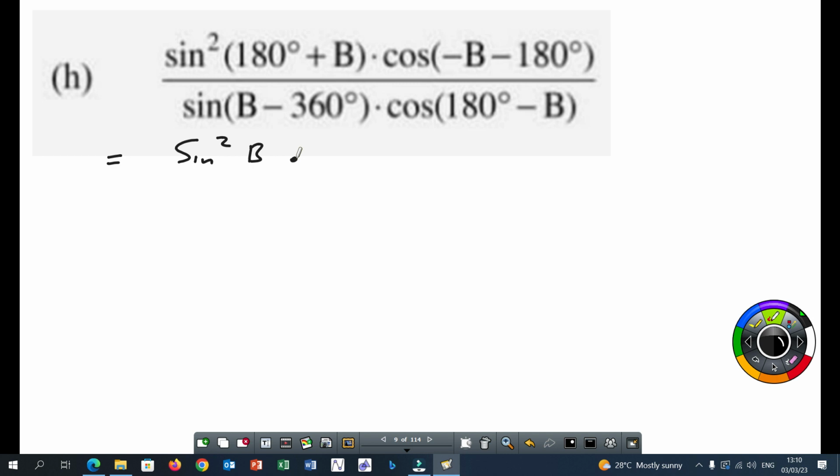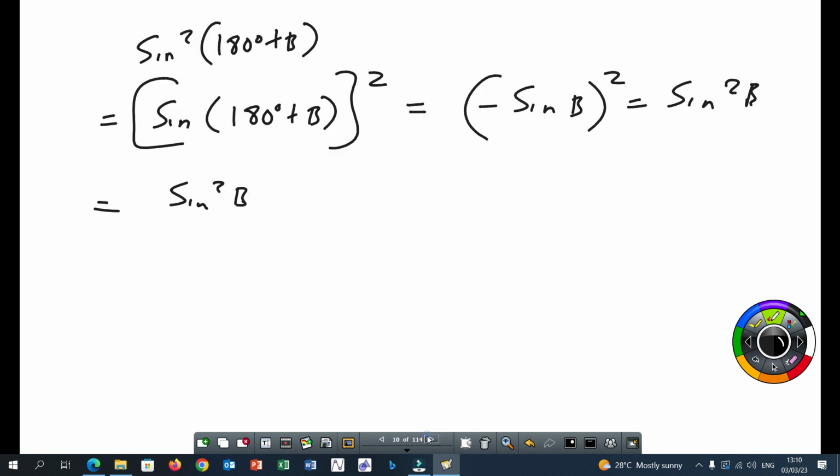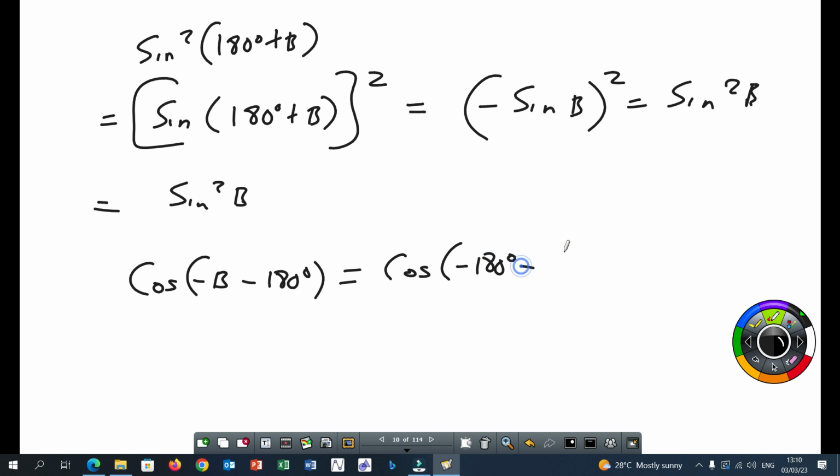So cos of minus b minus 180, if we go back to the basics, cos of minus b minus 180 degrees is the same as cosine of minus 180 degrees minus b. Are you following there? Now, let's block that minus 180 degrees.